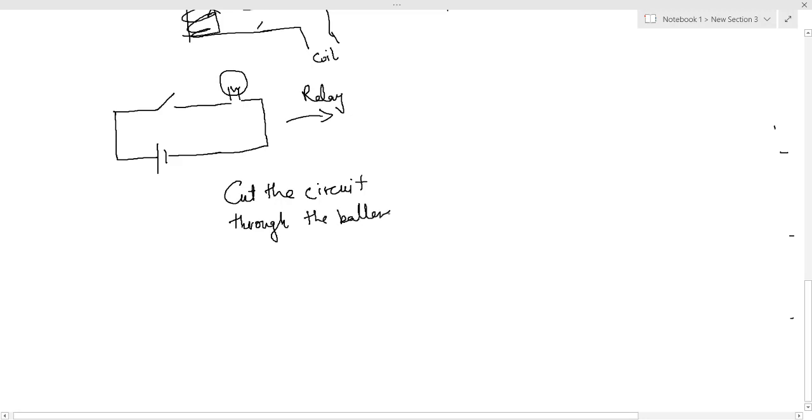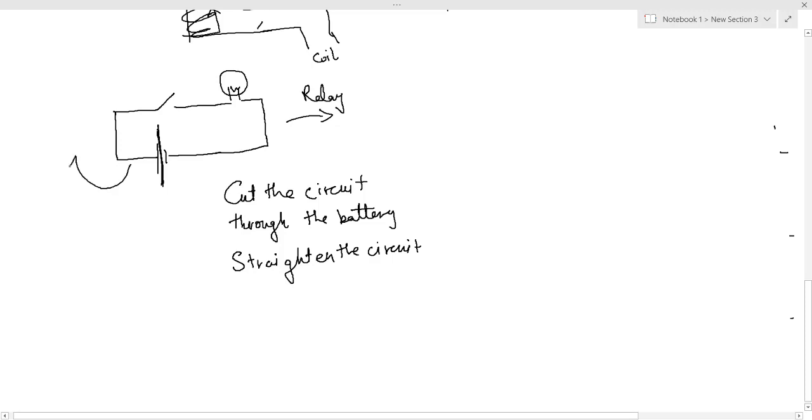Take this circuit and cut it through the battery. Imagine that I have cut the circuit in the middle of the battery. Okay. After I cut this circuit, then what is the next step? Straighten the circuit.